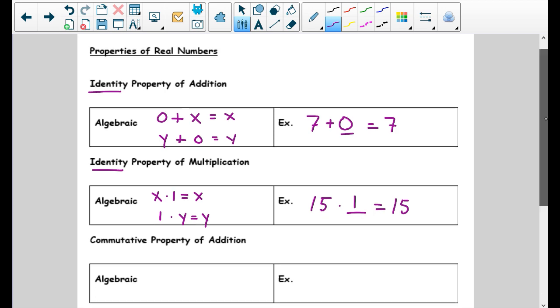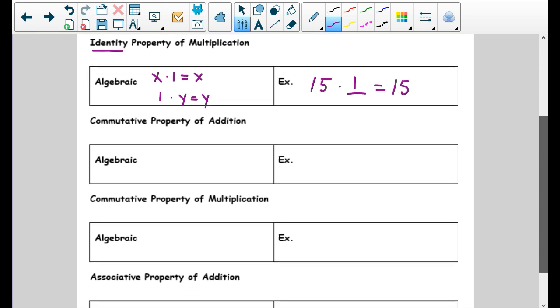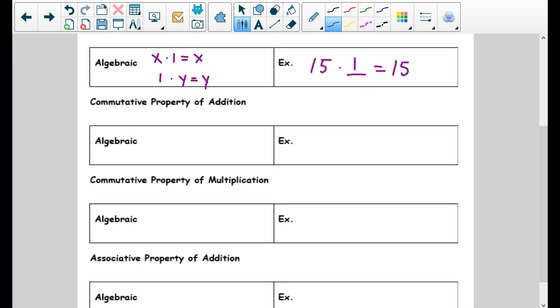So, commutative property. What's it mean to commute? Go somewhere. Okay? So you all commuted here, whether it was a bus or a car. So you moved from wherever you were at. So if it was me, I moved from my house, I commuted to Buckeye.